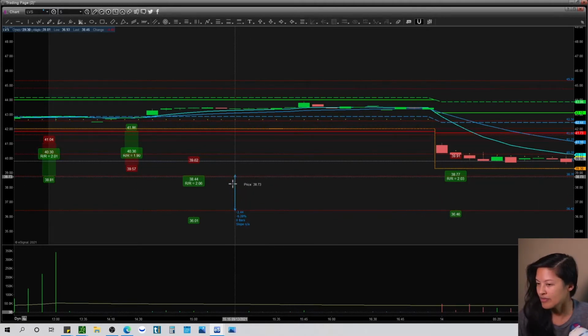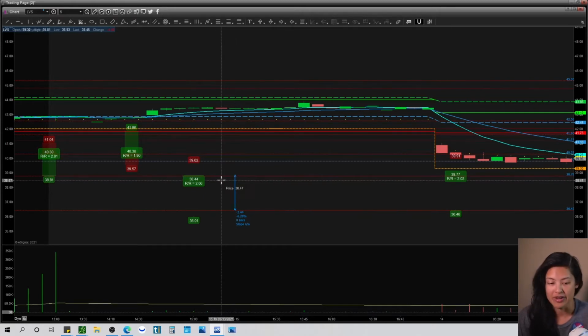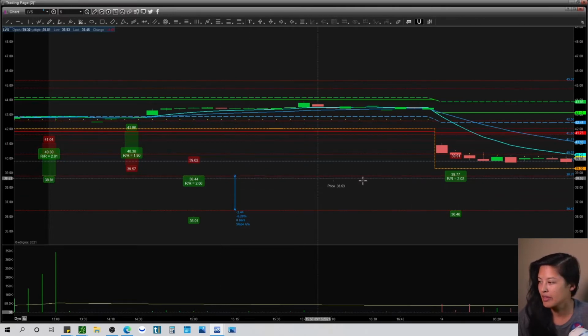So I liked this window, and I thought if the market is in alignment, then I would want to go short under this level here. And that would be a really, really perfect setup.